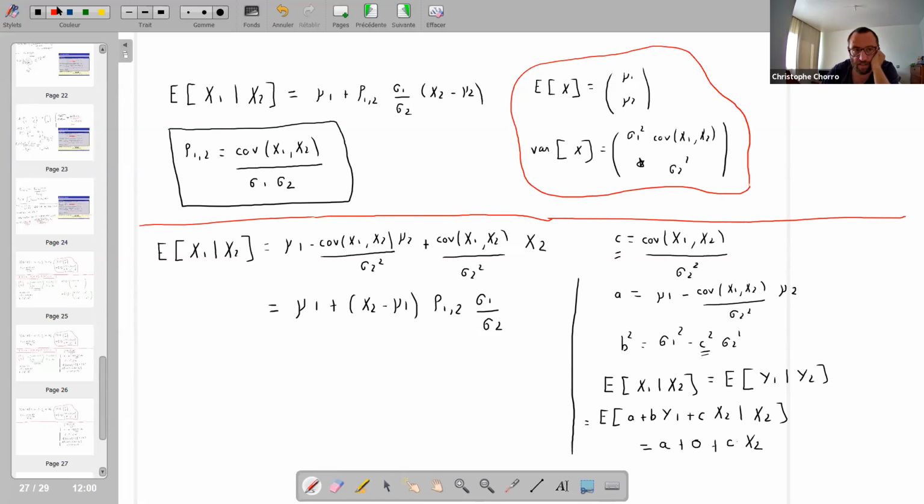So it means that I have proved exactly what I want. My initial aim was to prove this, and it's exactly what I have done.